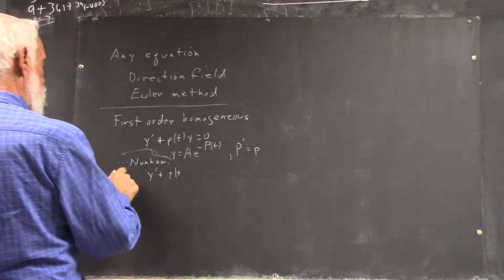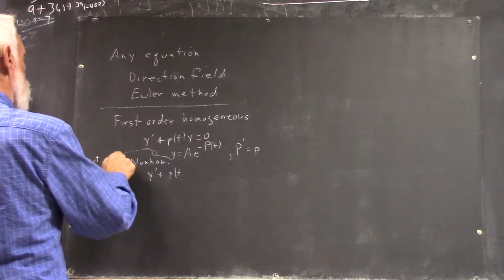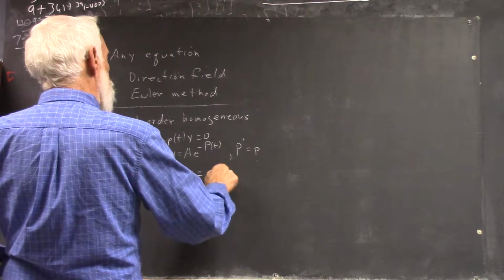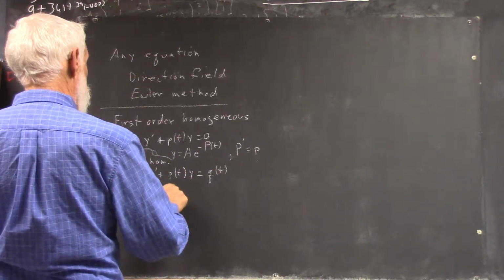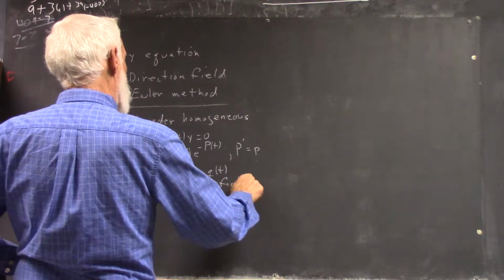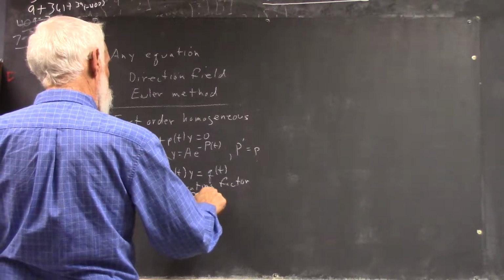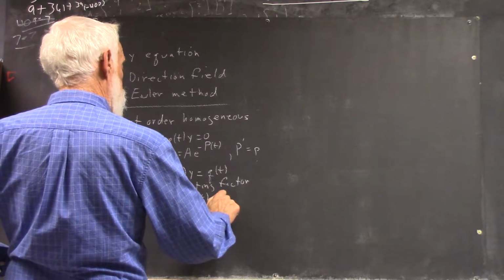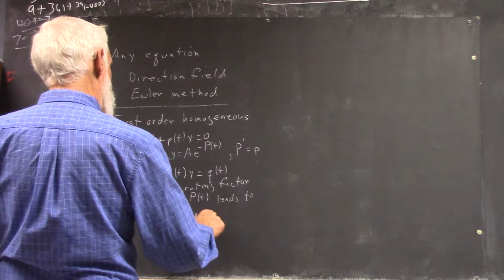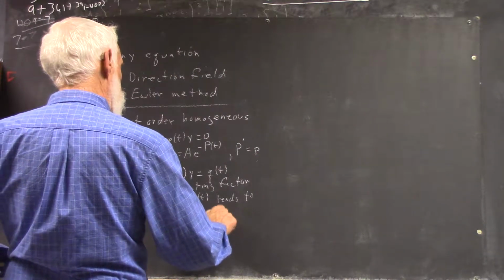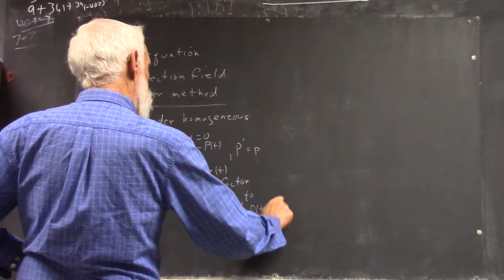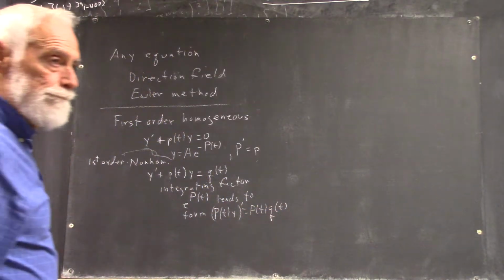If it's non-homogeneous, first order non-homogeneous, we got y prime plus p of t y equals q of t, and then the integrating factor e to the capital P of t leads to this form, okay?